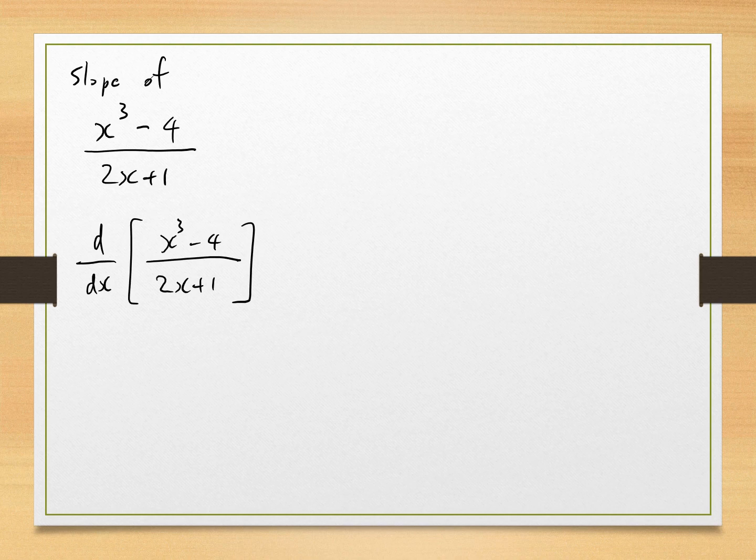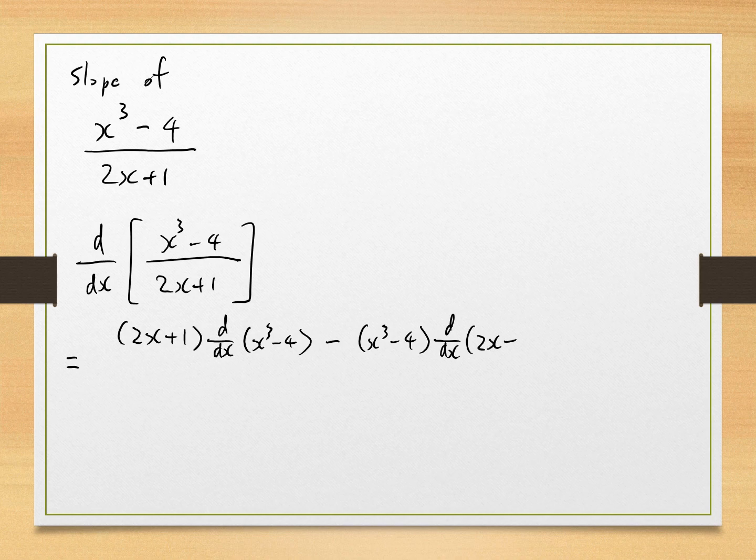So the derivative of x cubed minus 4 divided by 2x plus 1, according to the quotient rule, is what you do: put the denominator first, then differentiate the numerator, minus the numerator multiplied with the derivative of the denominator, divided by the denominator squared.